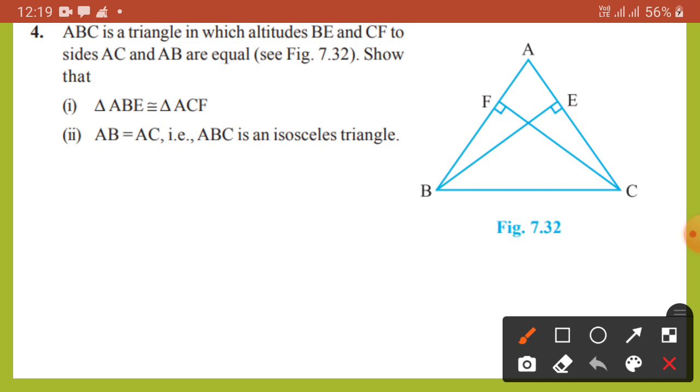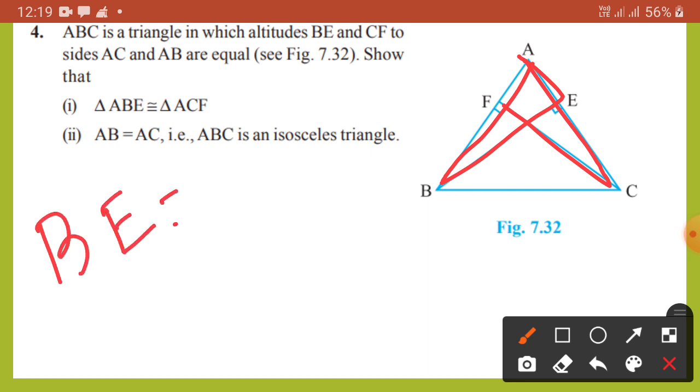Now in triangle ABE and triangle ACF, given that BE is equal to CF, already given in the question.